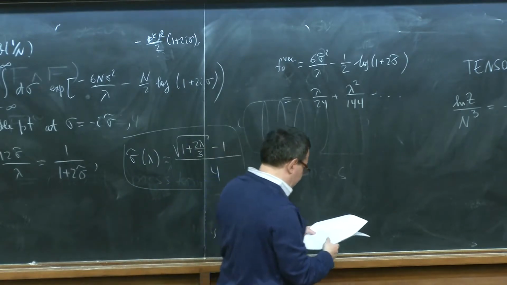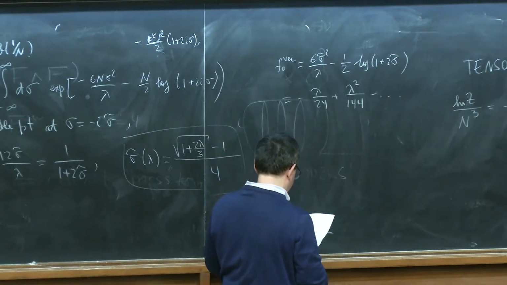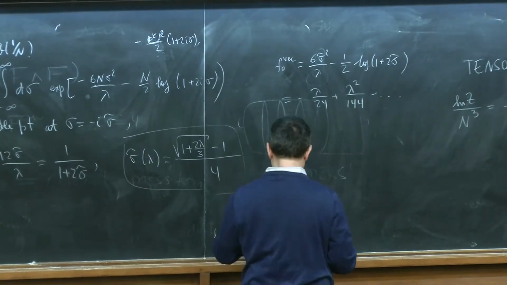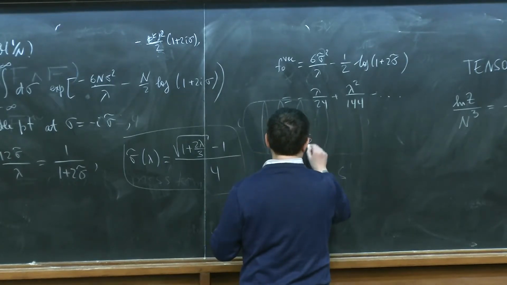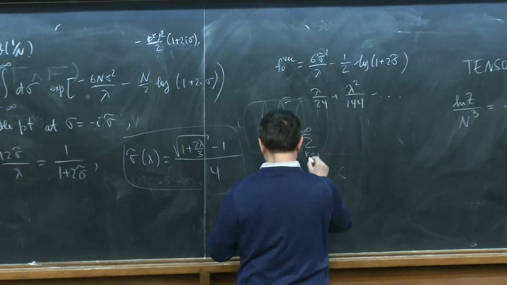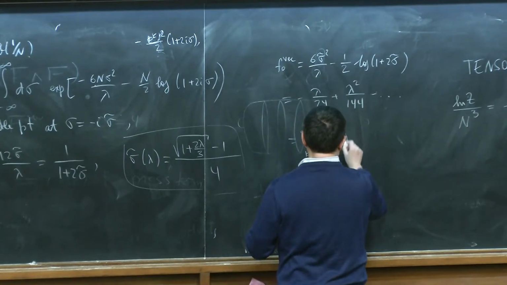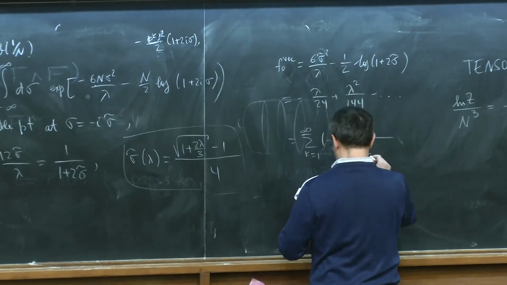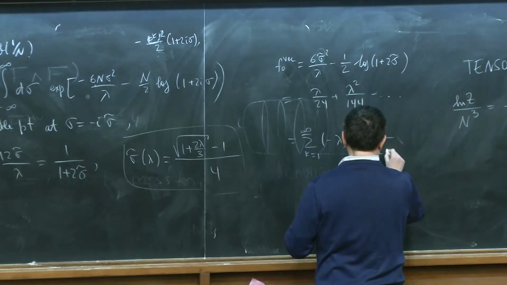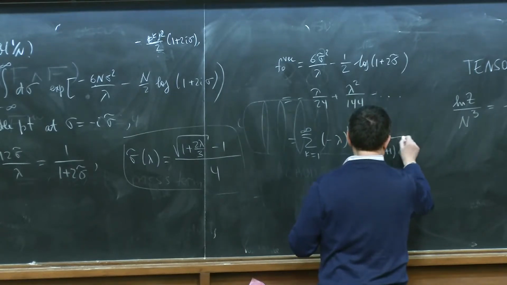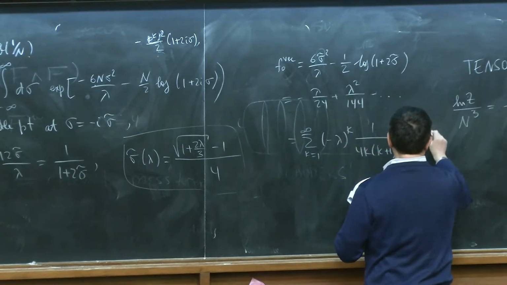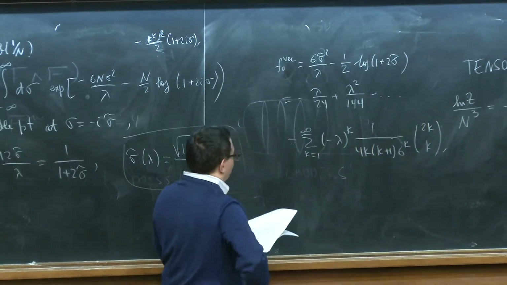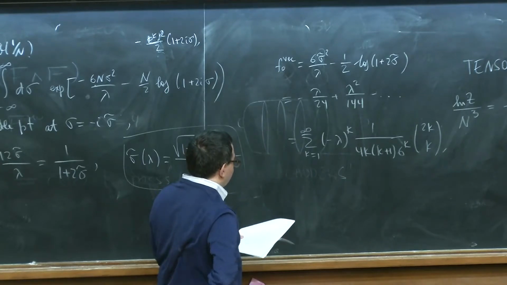And you can write down some formula that works to all orders, like this: the sum from k equals 1 to infinity of minus lambda to the k, 1 over 4k, k plus 1, 6 to the k times 2k choose k. Okay.